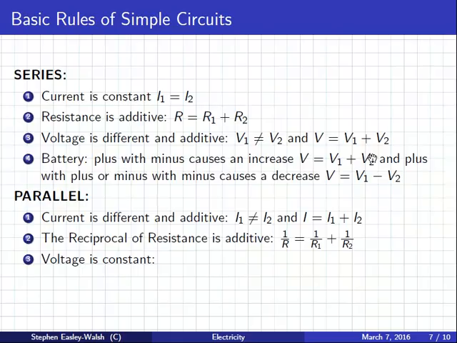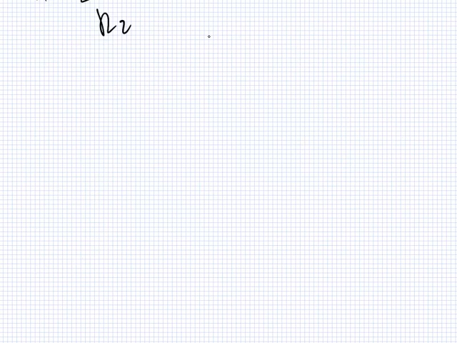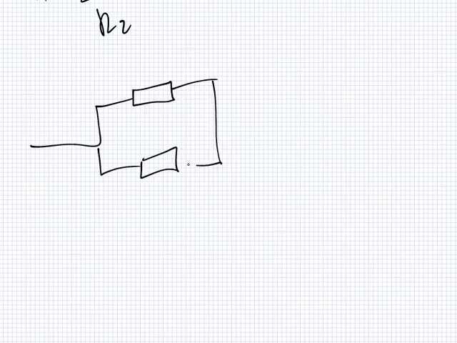Voltage is constant. Interesting now, if you have 2 parallel wires, the voltage should be the same in both, and the same as the total as well, which I didn't actually say, but I'll just draw it here. So imagine you have a resistor here, a resistor here.